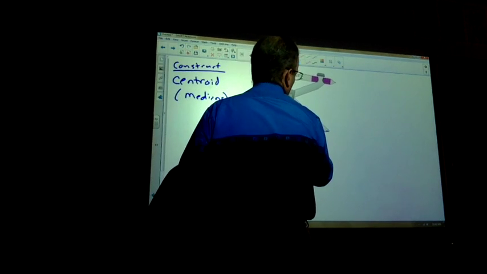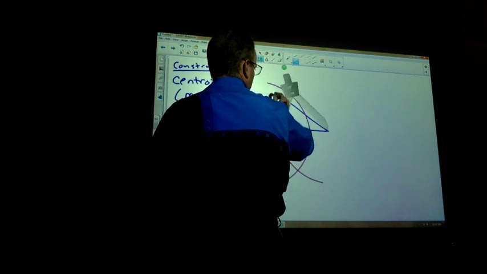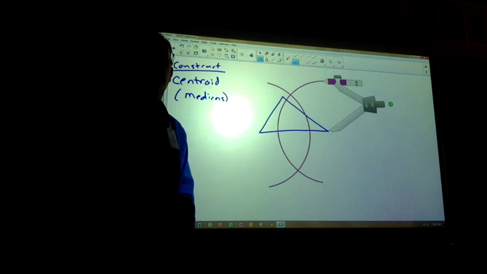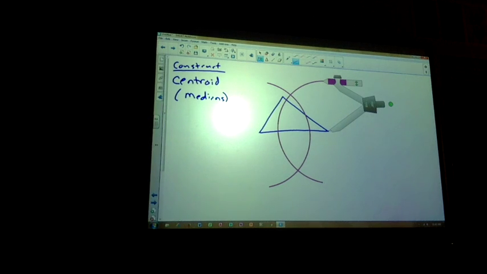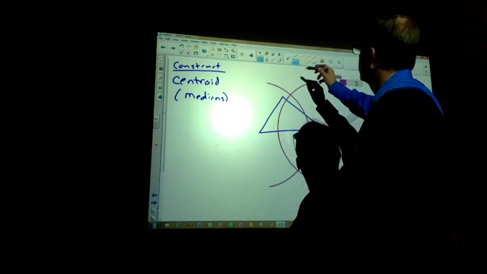Bring your compass over, maybe flip over your pen, and then swing the same size arc both ways. It can go outside, it can go partly inside, it doesn't matter. And then you connect the 2 points with a line, there you go.